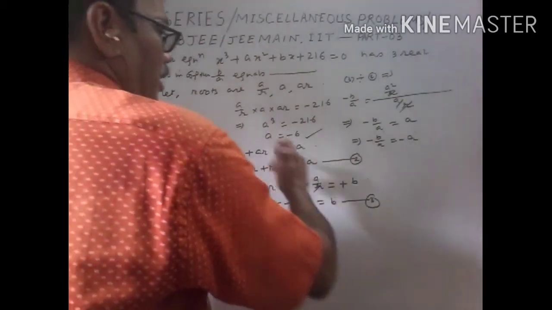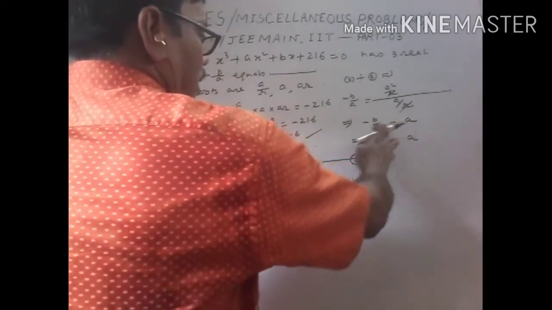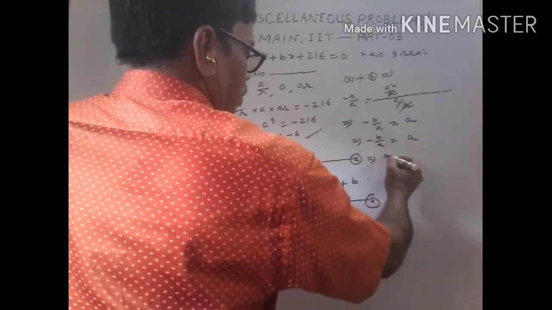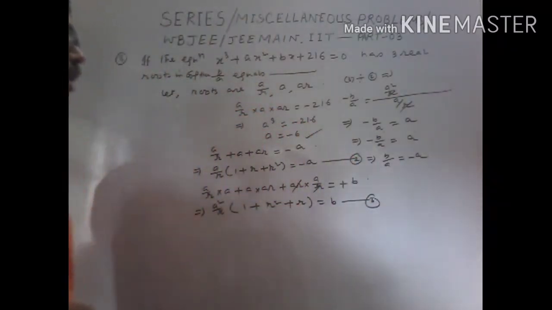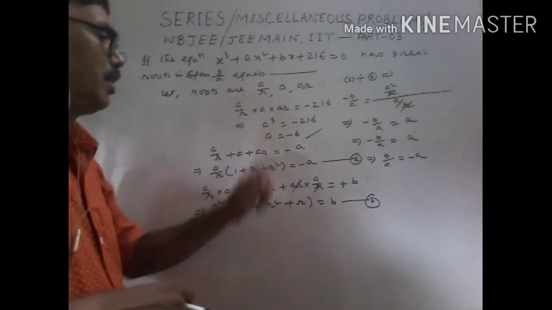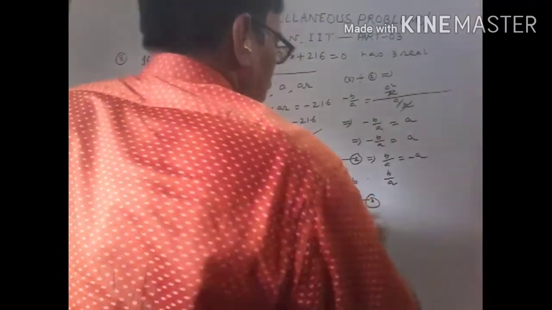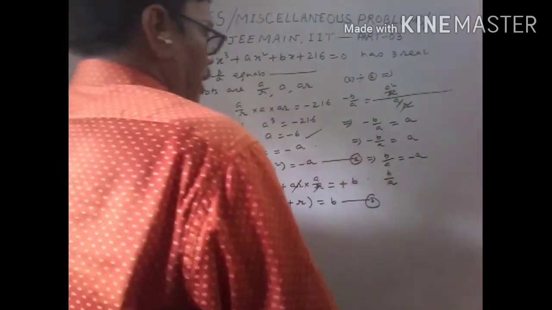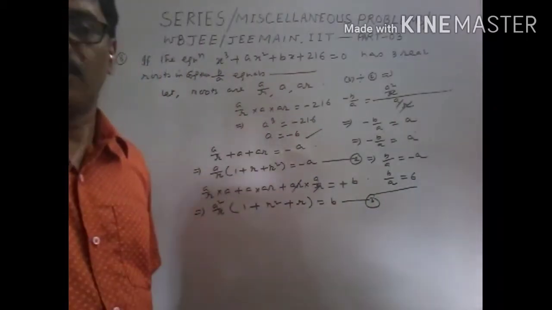And we have already got this one, minus b by a equals minus b by a. So b by a equals minus a. So b by a equals 6.